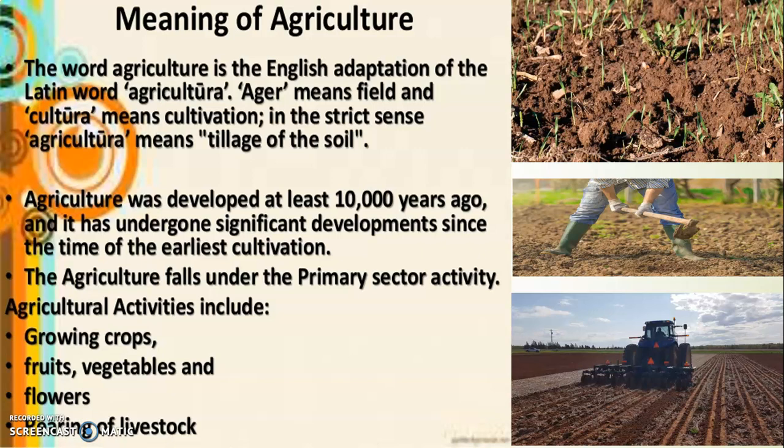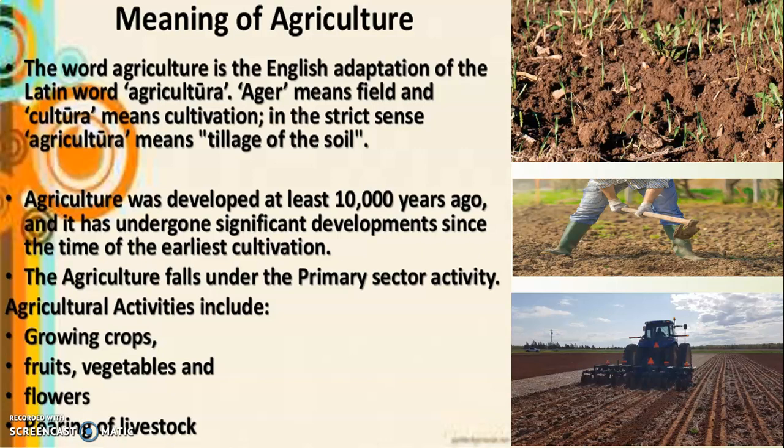So, agriculture was developed at least 10,000 years ago. That means right from, you can say, the Stone Age period of man, when in the primitive age man understood that when some seeds had fallen on the ground, and when proper water and proper climatic conditions were provided, it started growing and producing some fruits.